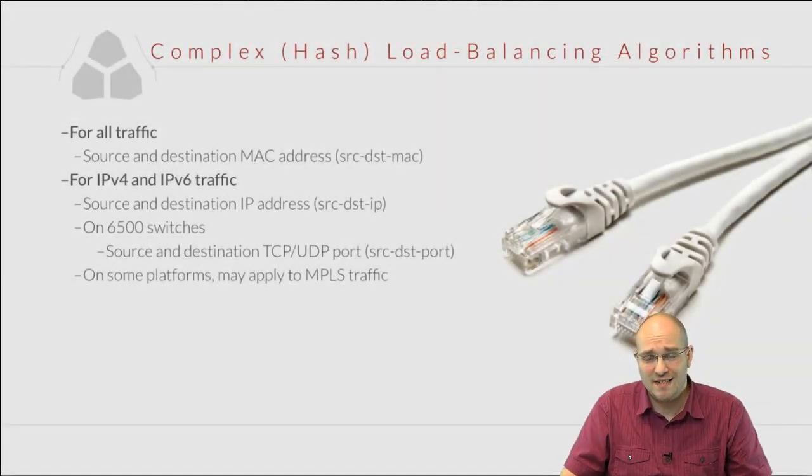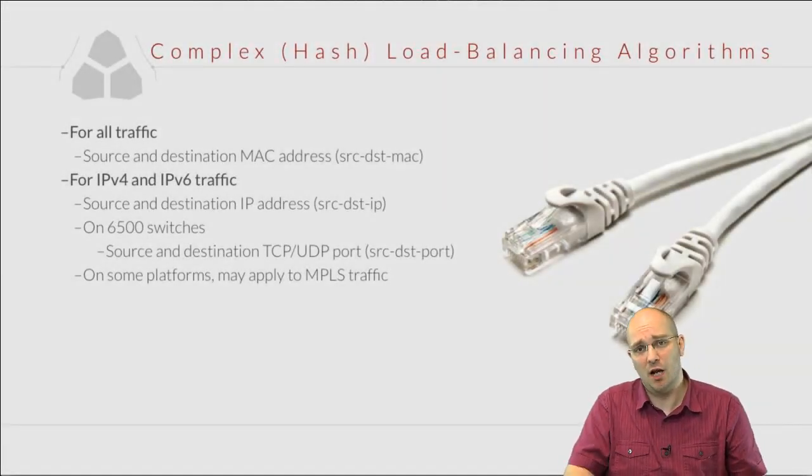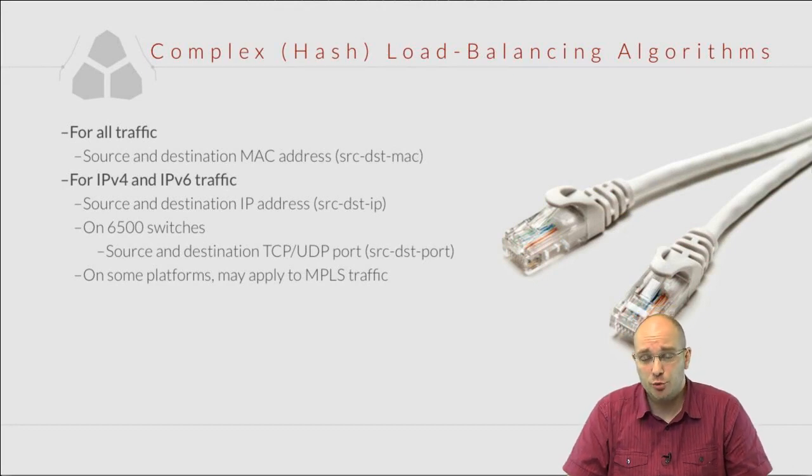On the other hand, complex load balancing algorithms use information from multiple sources to sort the traffic into physical interfaces. Again, for all traffic, IP and non-IP, we can use the combination of source and destination MAC address for this sorting.